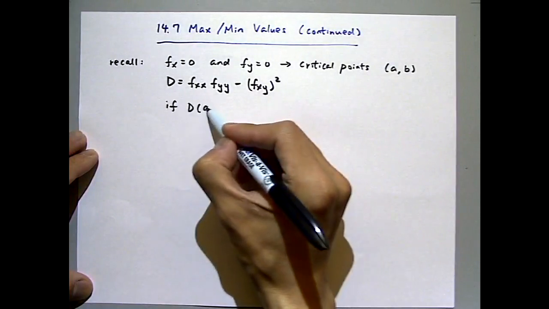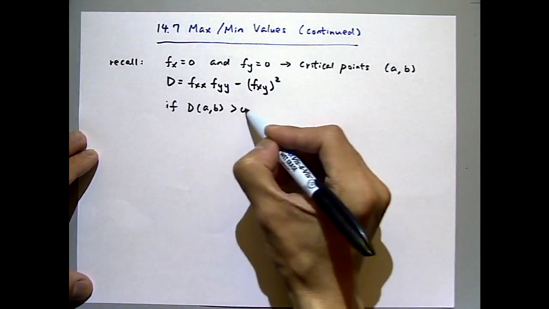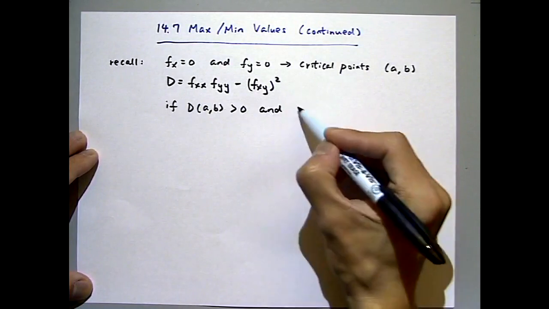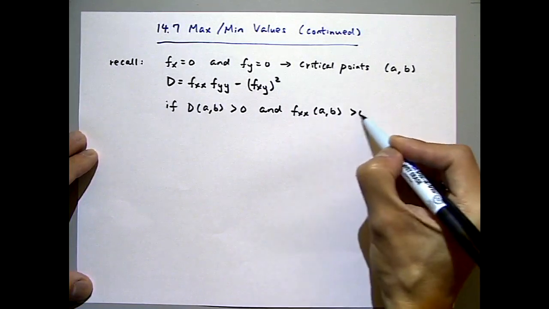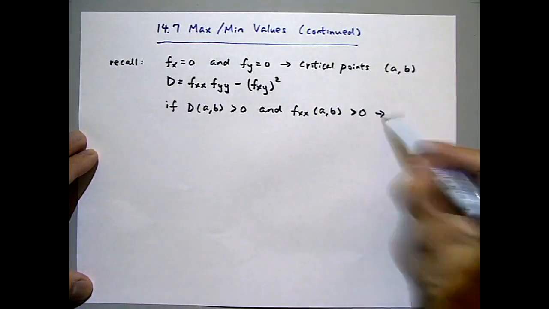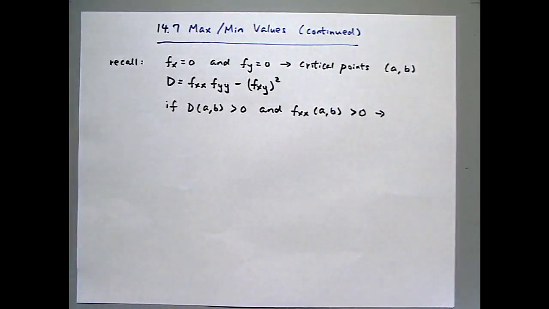And you remember that if D of (a, b) is positive, and f double x of (a, b) is positive, we have a what? Both positive, we get max, min, saddle point, minimum, right?